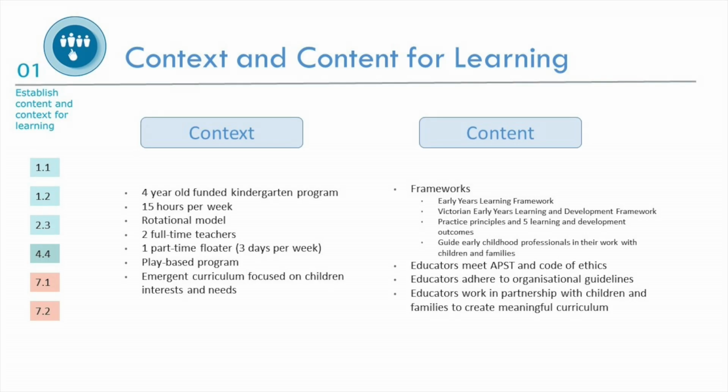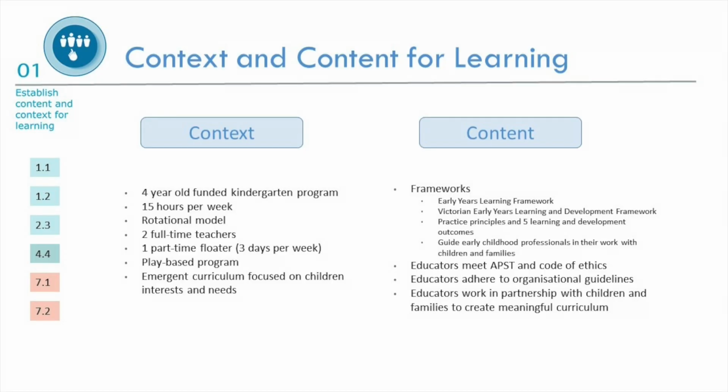So first, looking at my context, I am a teacher within a 4-year-old funded kindergarten, which offers 15 hours across the week over 3 days. We operate a rotational model, which has 2 full-time teachers and a part-time floater who's there for 3 days of the week. It is an emergent curriculum presented in a play-based program.